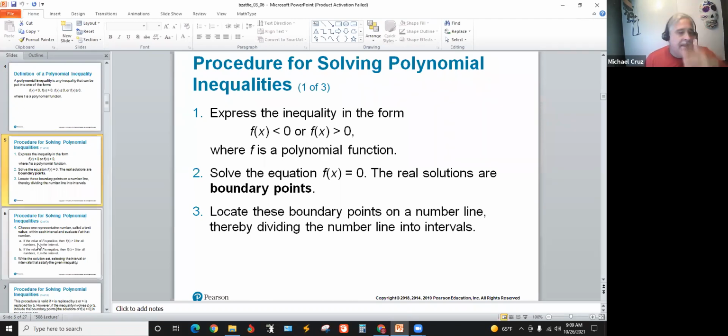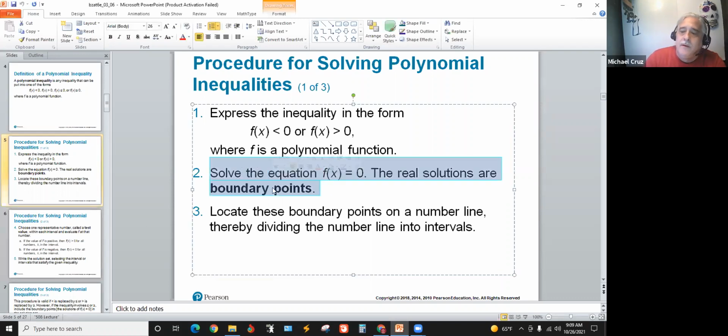In this case, it's not equal to, but we'll use the equation to find these things called boundary points. And then that'll tell us where we're going to check things. We want to establish these boundary points and check things in between them.